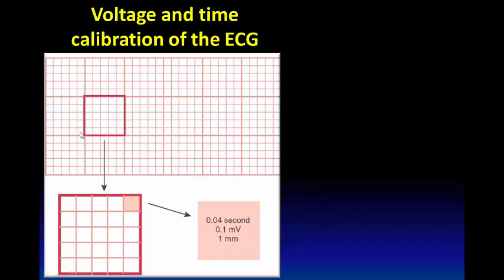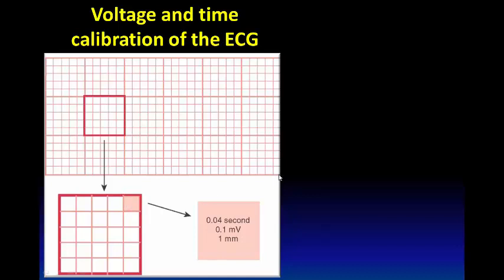So let's take this large square and magnify it. Each large square is composed of 5 small squares horizontally and 5 small squares vertically. Each of these small squares is 1 millimeter horizontally and 1 millimeter vertically.